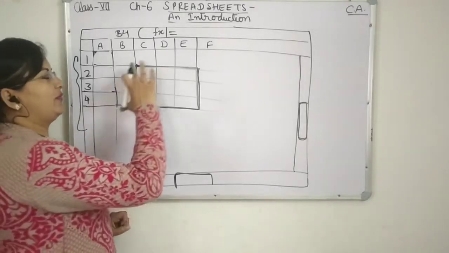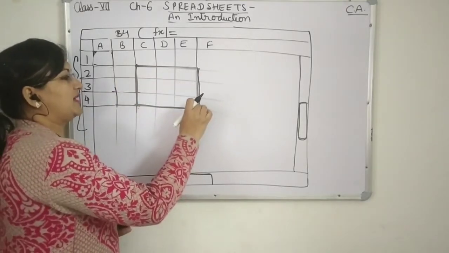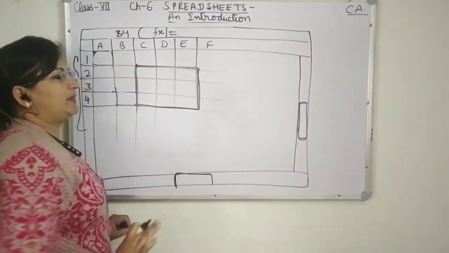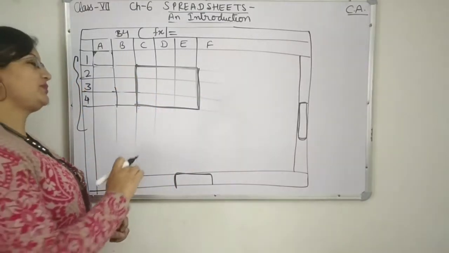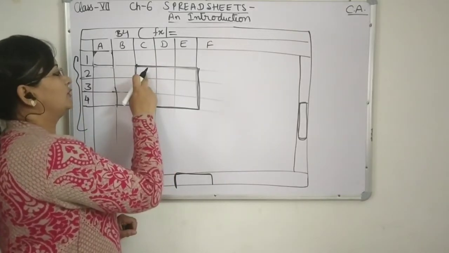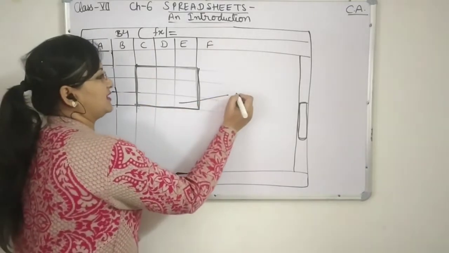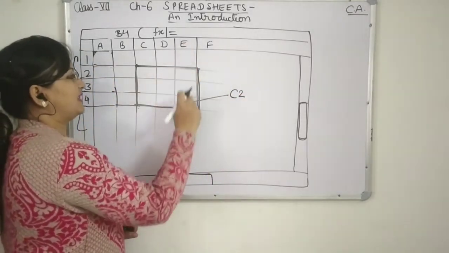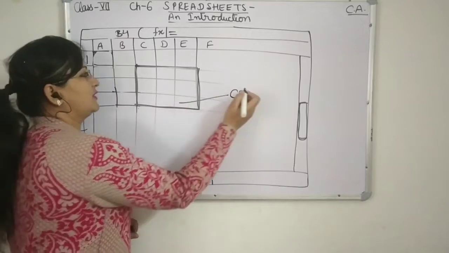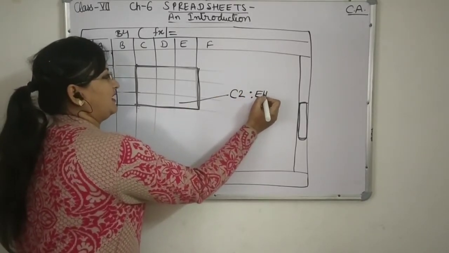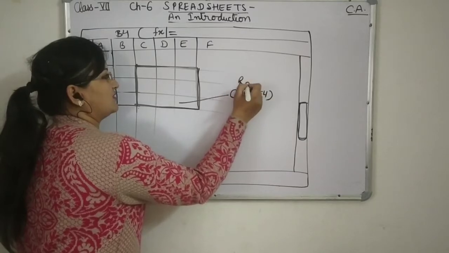Up to wherever we drag the mouse pointer, those cells will be selected. Here you can see this is C and 2. So what will be the range here? C2, and the last one is E4. So this is C2 to E4. This is the way you write the range.